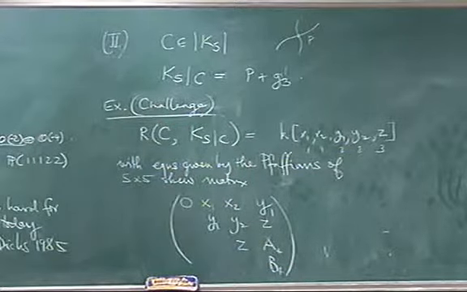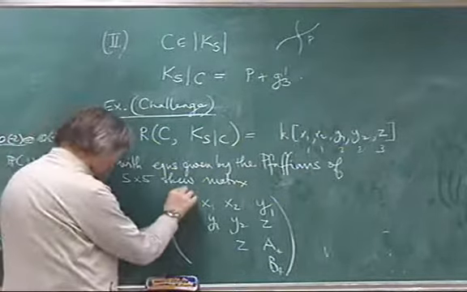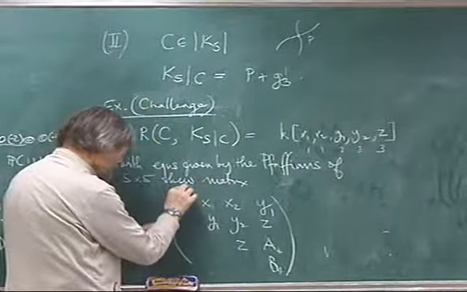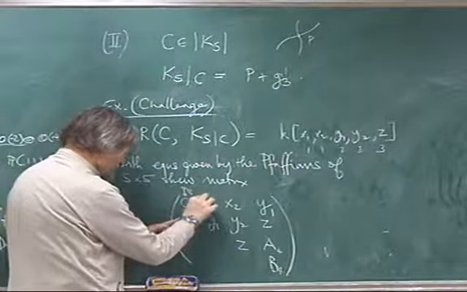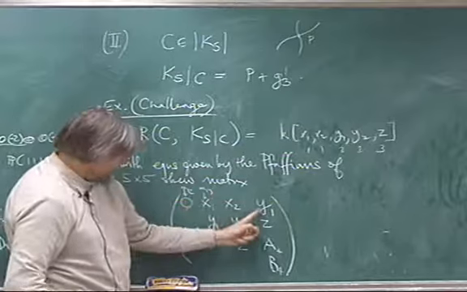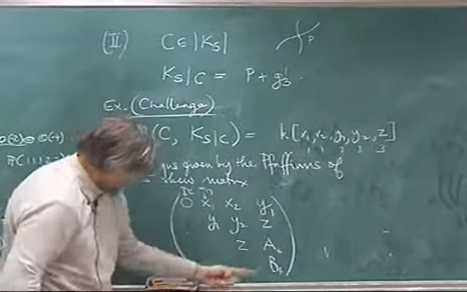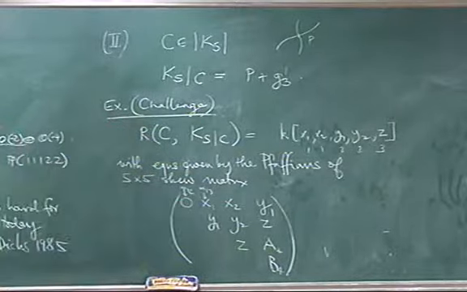Okay, so this is a 5 by 5 skew symmetric matrix. This is the element M12. This is the element M13, and so on. So this is going up to M15 and down to M45. I'm not writing the diagonal elements or the anti-symmetric, the bottom left.